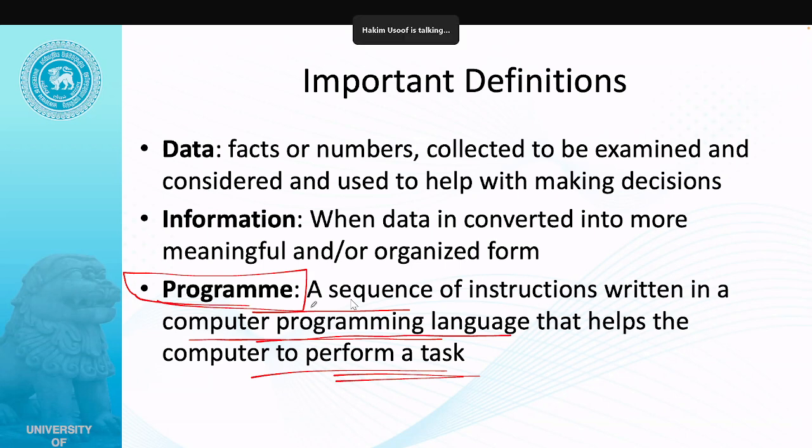So if you're thinking of taking computer science as a subject in your undergraduate, writing instructions to the computer on how to do something is called programming. So writing a program is called the process of programming, right?